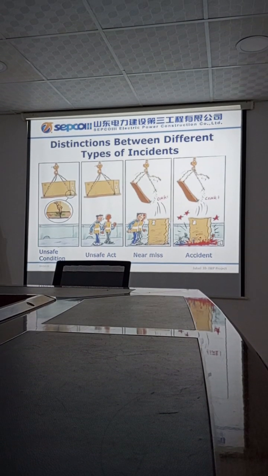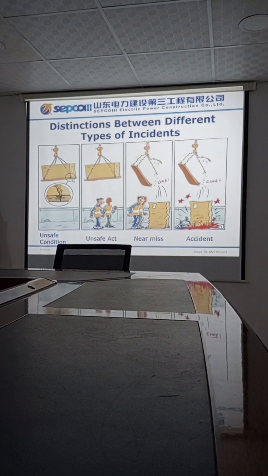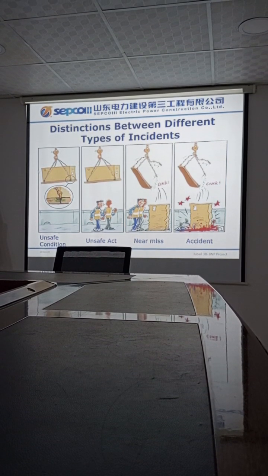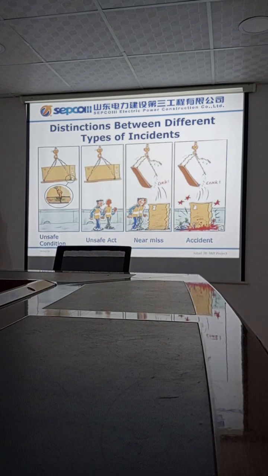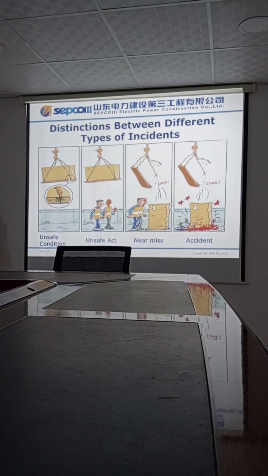Distinction between different types of incident. Unsafe act, unsafe condition. If this unsafe act or unsafe condition is already rectified, for example they replace the shackle, it will be corrected.